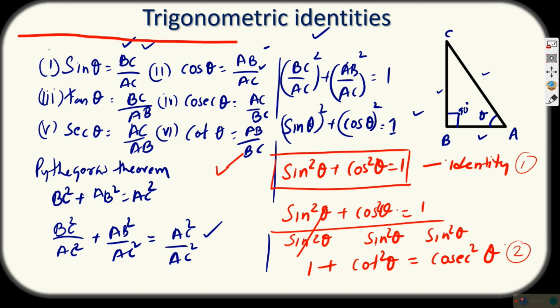We developed two identities out of sine square theta plus cos square theta is equal to 1, by dividing with sine square theta. Suppose we divide sine square theta plus cos square theta with cos square theta, what will happen? Another relationship will be developed. I will show it here only; let me rub out this, because it will be easy for you if I do it here.